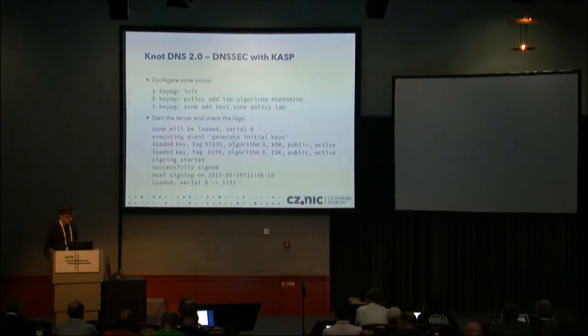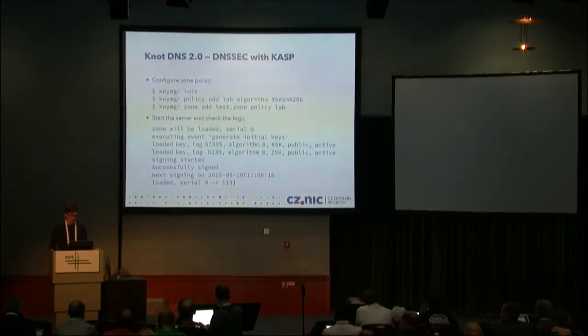The second command, you can see the keymgr policy add, actually creates a new policy. This policy will be called lab, and it uses all defaults except the algorithm, or the used algorithm, which is in this case RSA SHA-256.